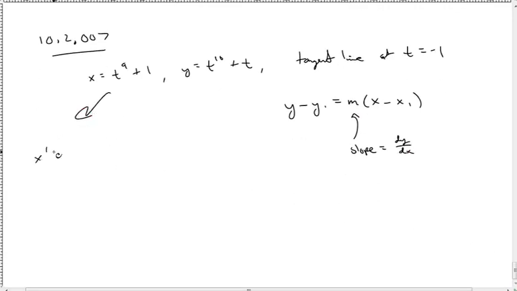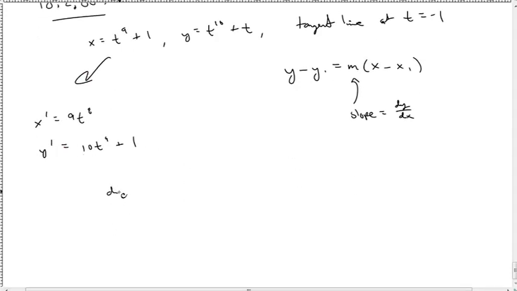My x prime is going to be 9t to the 8th. My y prime is going to be 10t to the 9th plus 1. And then I'm going to divide them, of course. So my dy/dx, my y prime over x prime, is going to be 10t to the 9th divided by 9t to the 8th. And a whole lot of stuff cancels, of course. 10 over 9 times t, I guess.